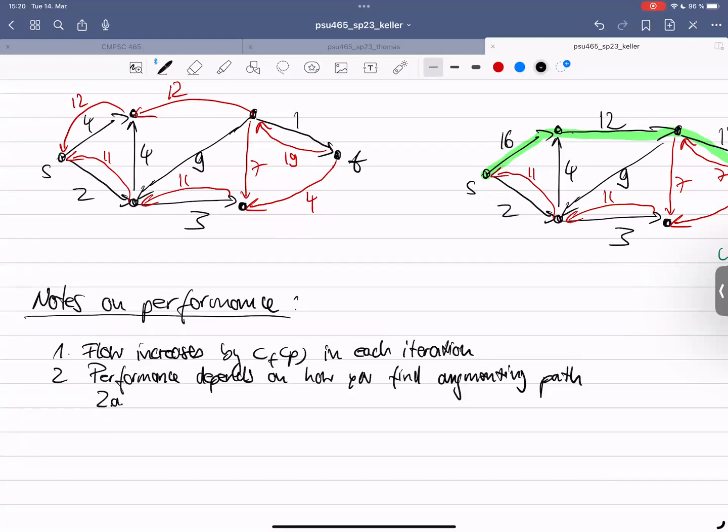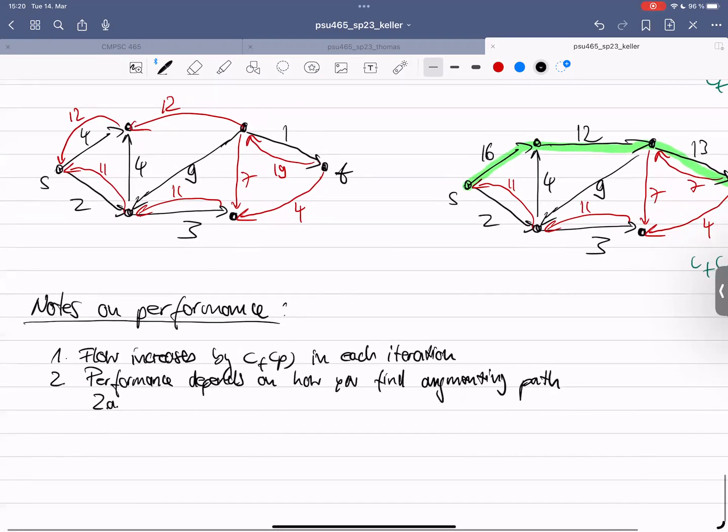So some choices can be poor, and cause the algorithm not to terminate.